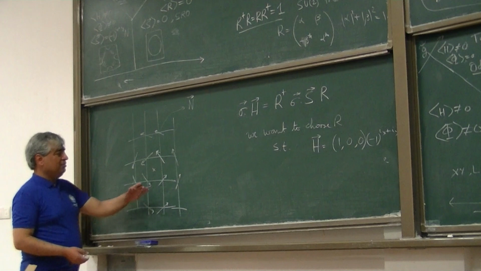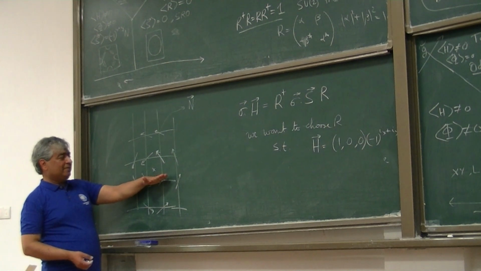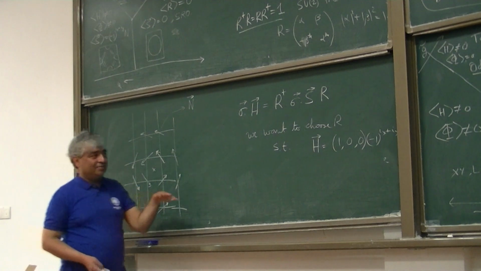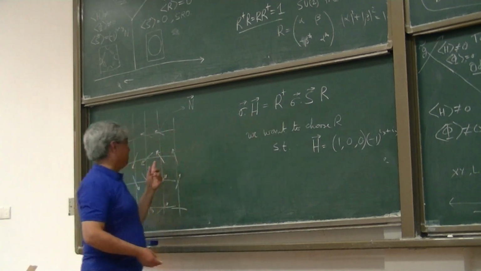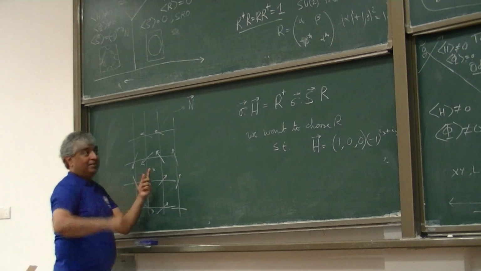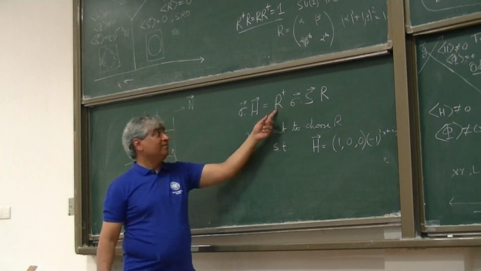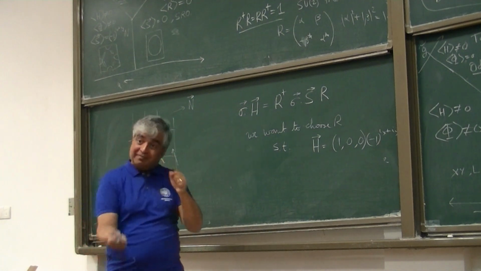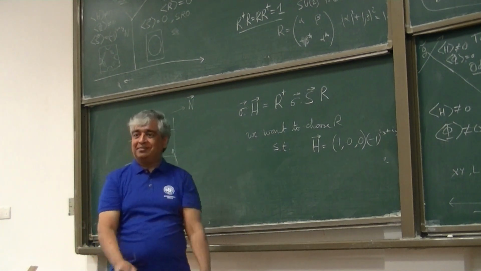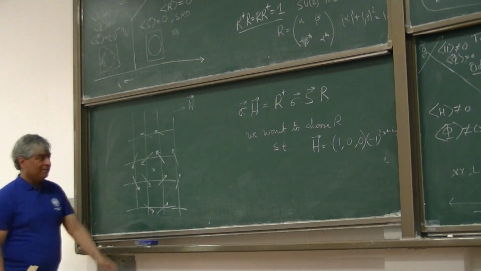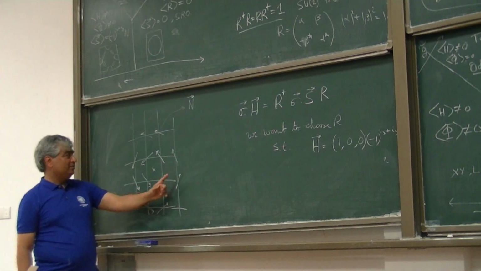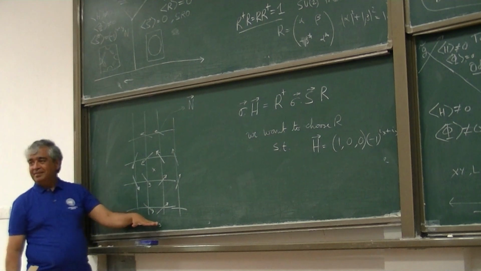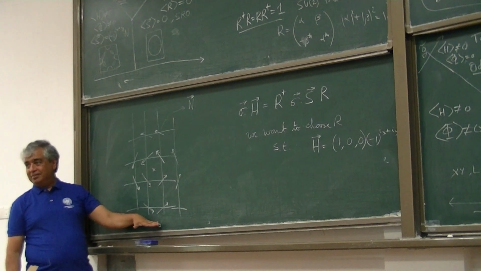So what I want to do is rotate every spin so that it points in the x direction. So this S is looking like this. S has a vortex. I'm going to choose R so that H is a constant. I'm going to go to a rotating reference frame so everything is a constant. All right. So let's pick a spin over here, which is pointing in the x direction. So this one I don't have to rotate.